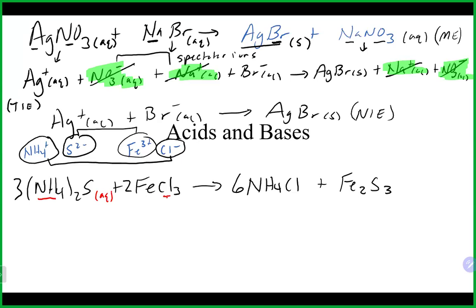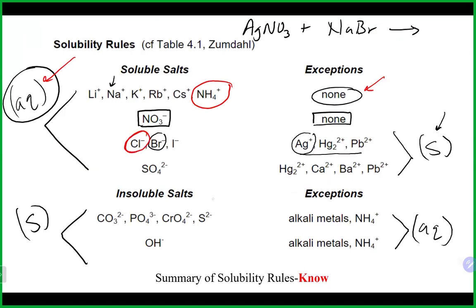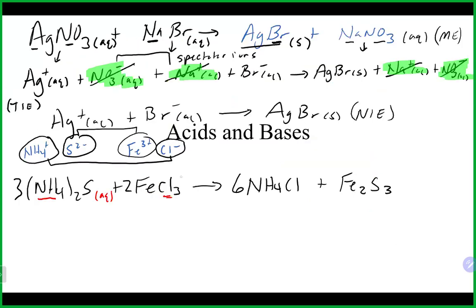I see here chloride, which I could find on my solubility table. Chloride is soluble in everything except for silver, mercury, or lead. In this case, my chloride is with iron, which means it is not an exception. So it should be aqueous.